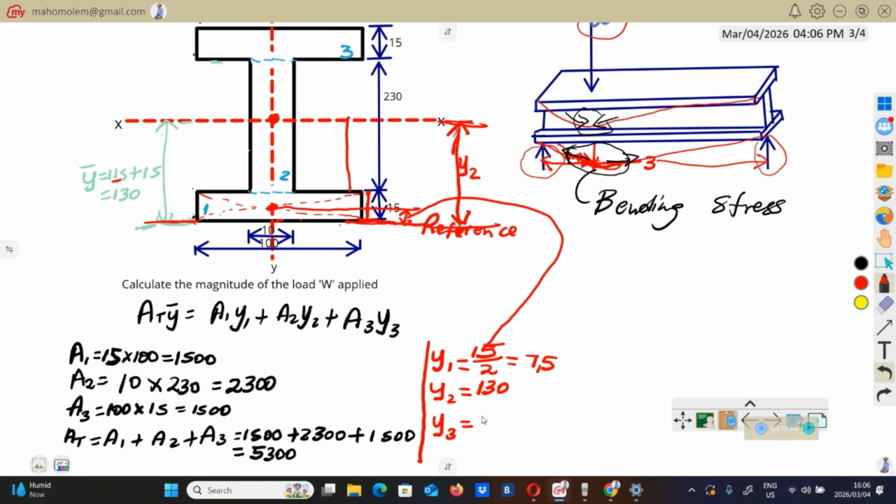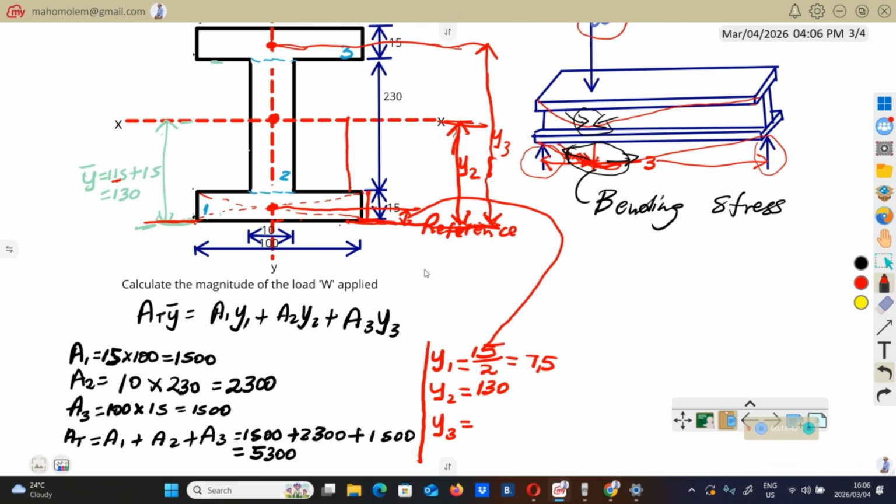That is y2. y3 will be the distance from the reference, from the bottom to the center of box number 3. So the center of box number 3 is going to be somewhere there. When you draw a straight line like this, the distance from here to there is going to be y3.